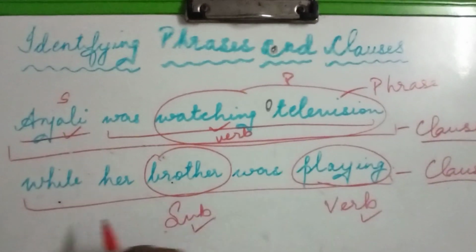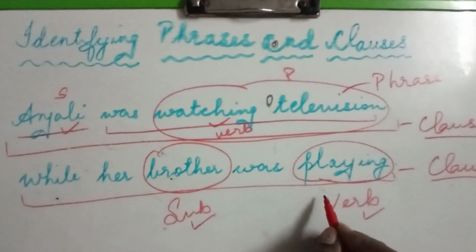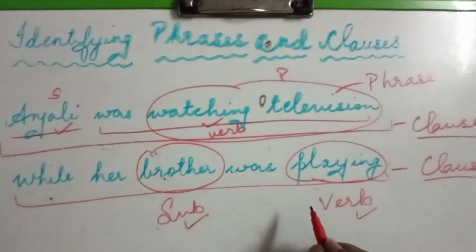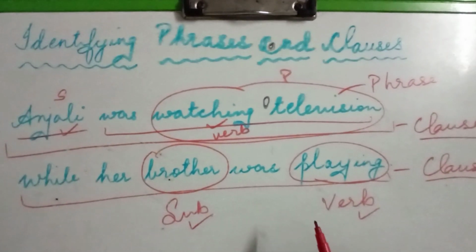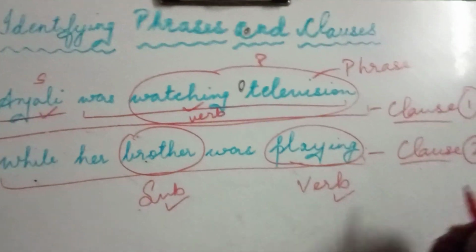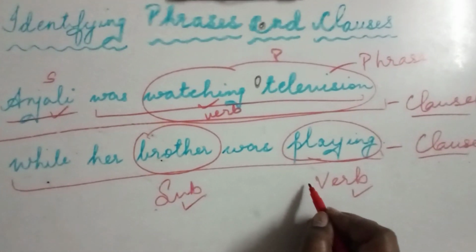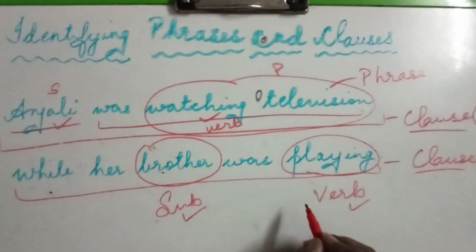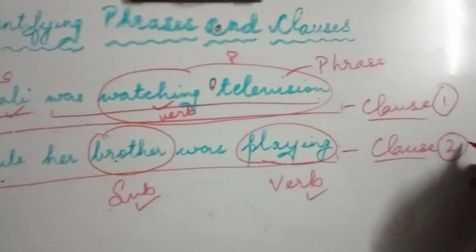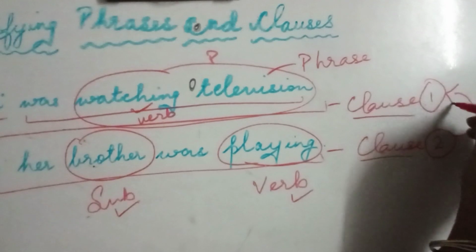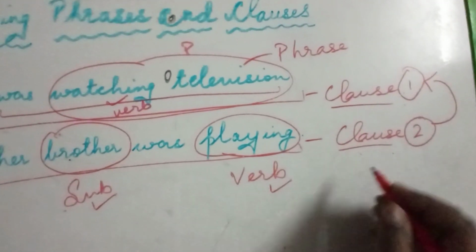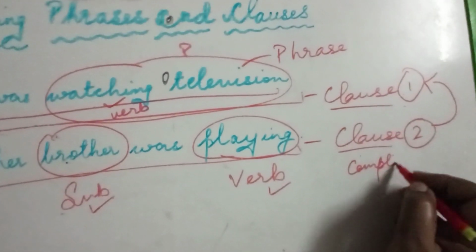It is not depending on the rest of the sentence, while her brother was playing, to give us complete meaning. But if we look at clause number 2, while her brother was playing, what are we observing here? That this clause number 2 is dependent on clause number 1 to give its complete meaning.